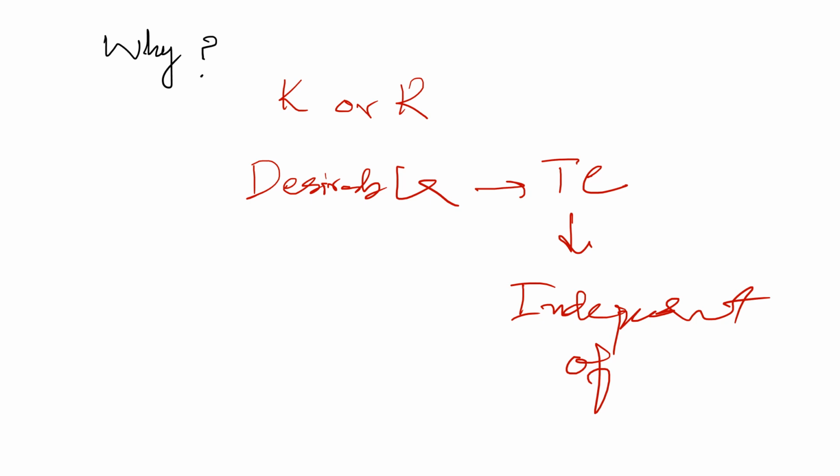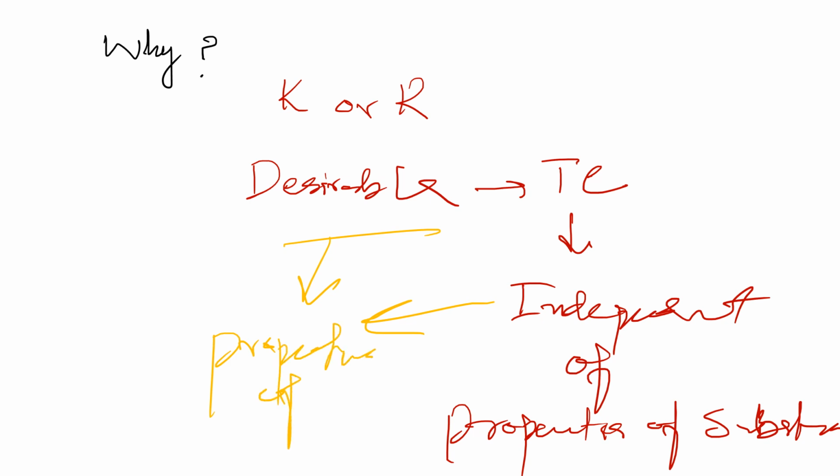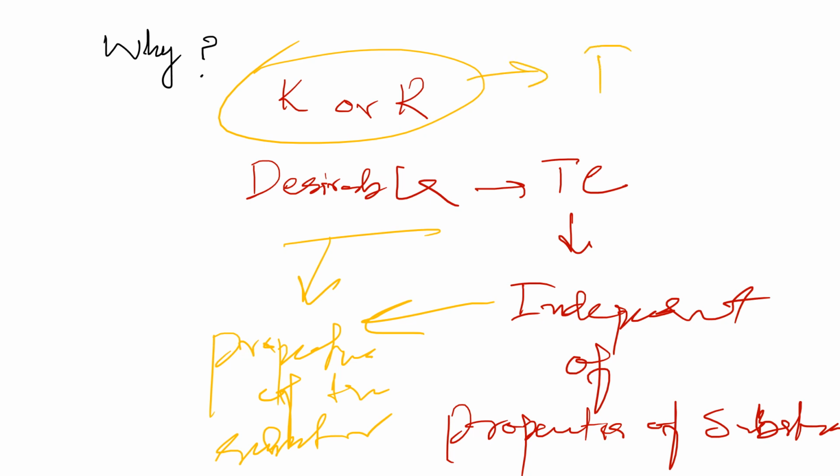Of the properties of substance. So this means the Kelvin is independent of the properties of the substance. That is why the Kelvin or the Rankine are considered the thermodynamic temperature scales.